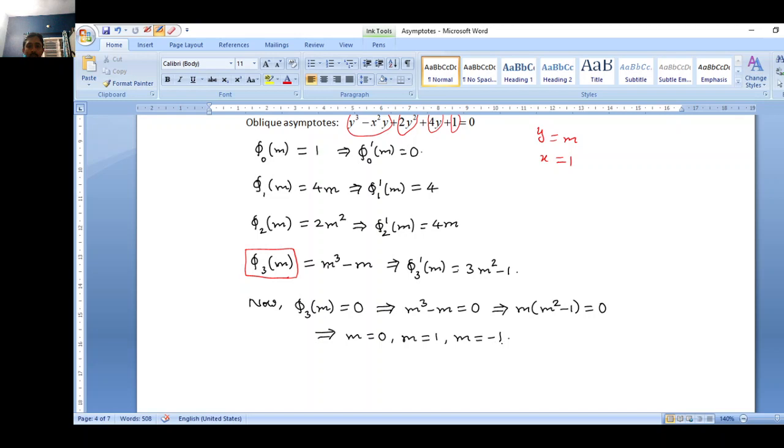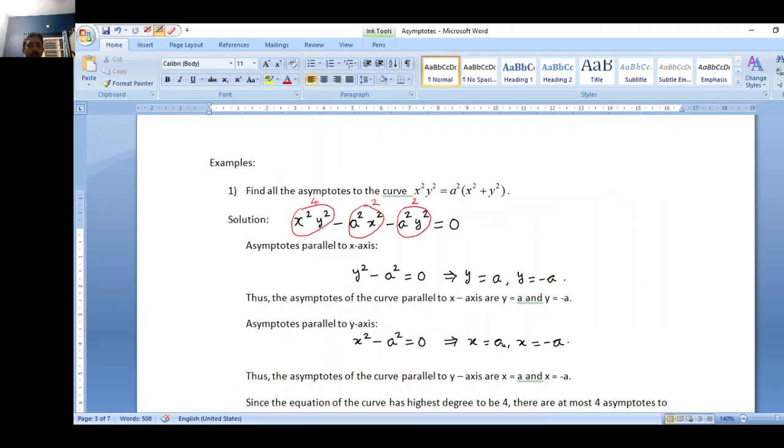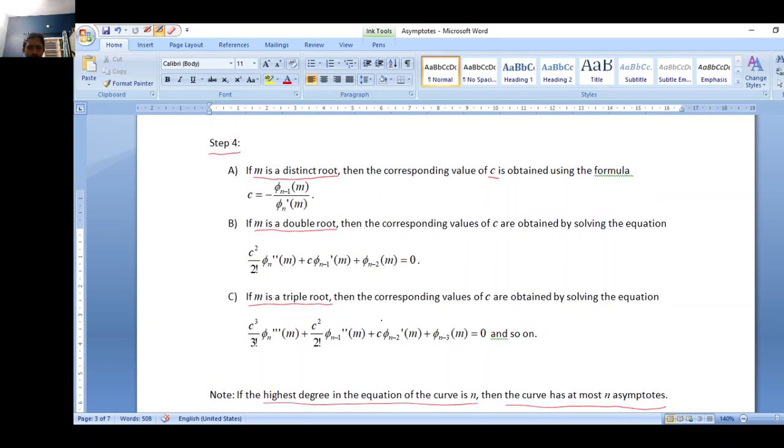So all the 3 roots are distinct, and because all the 3 roots are distinct, what expression are we supposed to use in these 3? For m to be a distinct root, c is this, right? So because each of the roots is a distinct root, we will have to use this expression to find out the values of c.